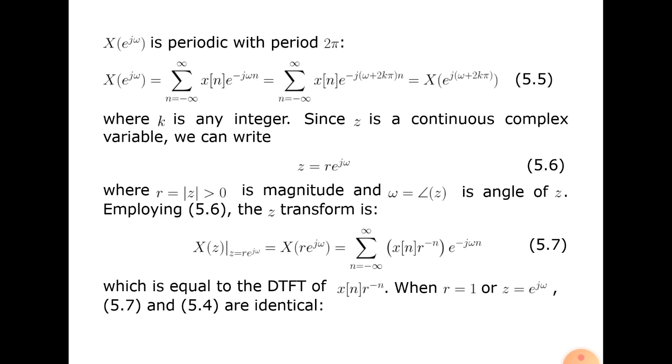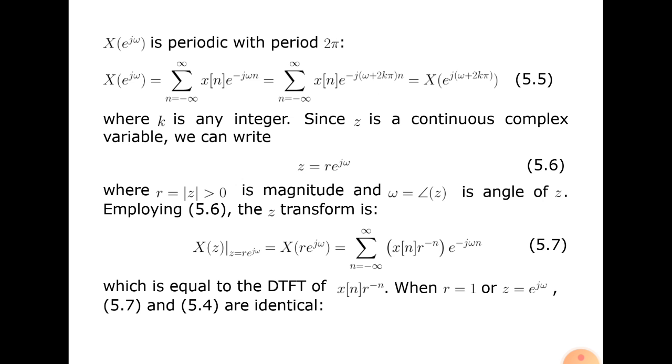And X e of j omega is periodic with period 2 pi. In the first unit we have studied periodic signals and aperiodic signals. If the signal is periodic, the time period is finite, and if the signal is non-periodic, it is nothing but a rational one.